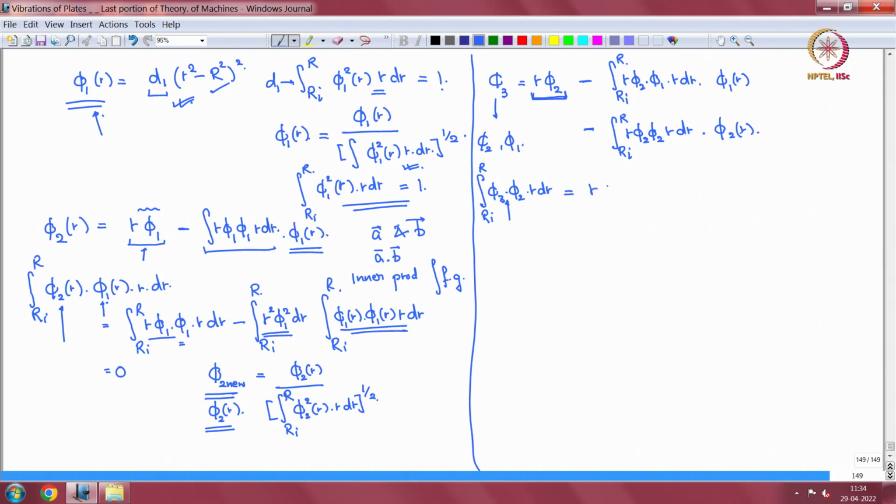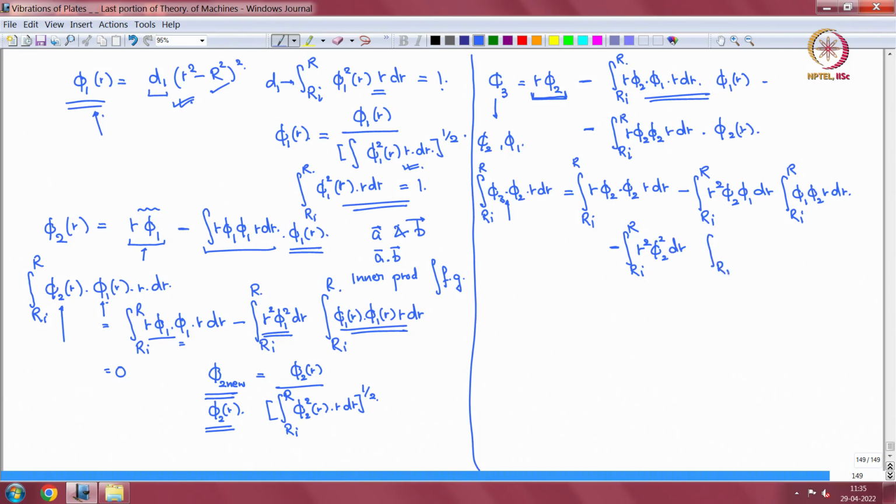It is equal to integral r_i to r of r phi 2 times phi 2 r dr, and I have this term, so minus integral r_i to r of r square phi 2 phi 1 dr times integral r_i to r of phi 1 phi 2 r dr, minus integral r_i to r of r square phi 2 square dr times integral r_i to r of phi 2 square r dr.